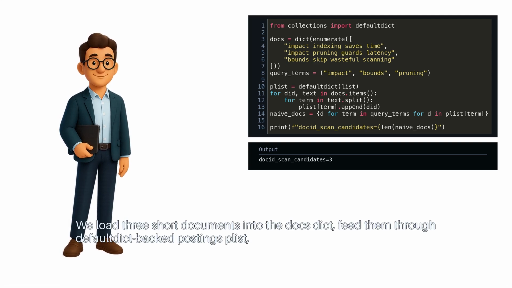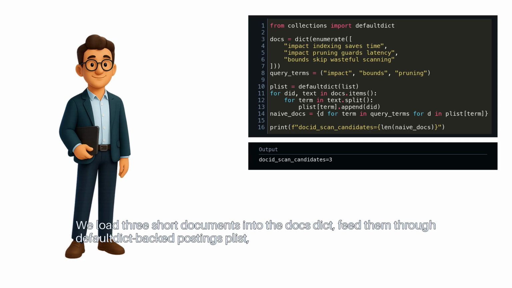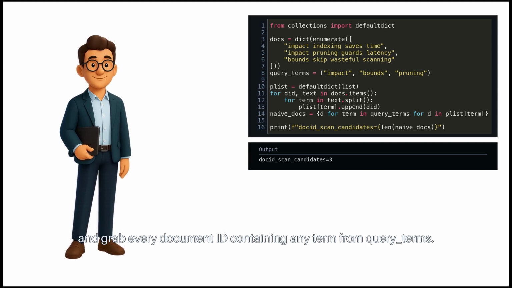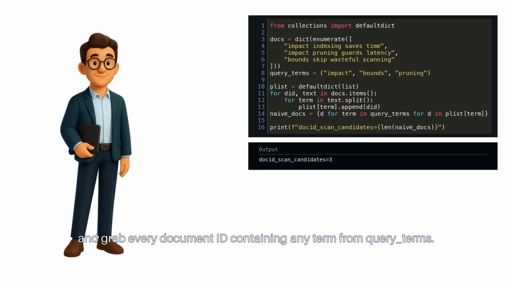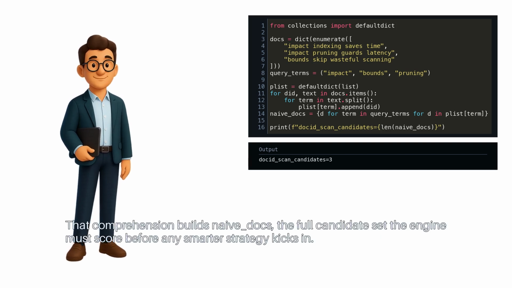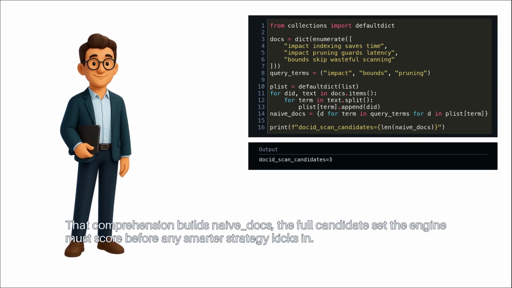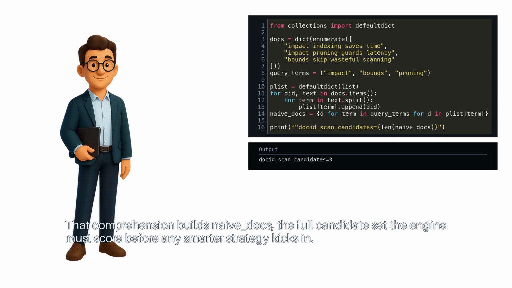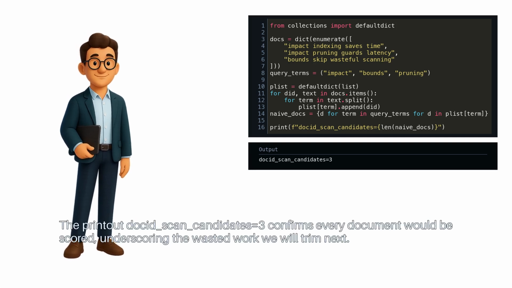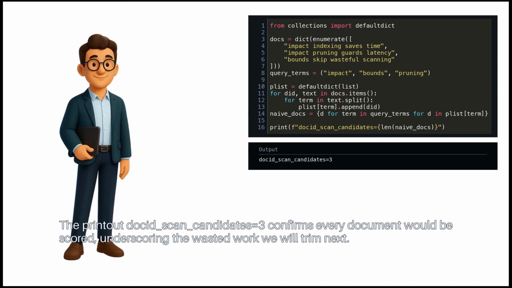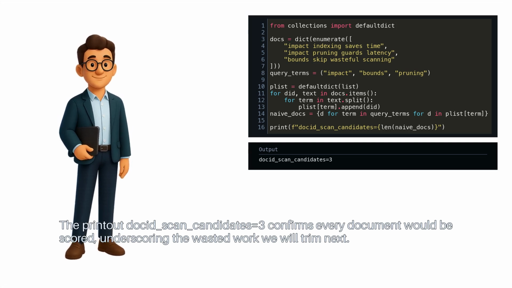We load 3 short documents into the docs dict, feed them through a default-backed postings list, and grab every document ID containing any term from query terms. That comprehension builds naive docs, the full candidate set the engine must score before any smarter strategy kicks in. The printout, naive scan candidates equals 3, confirms every document would be scored, underscoring the wasted work we will trim next.